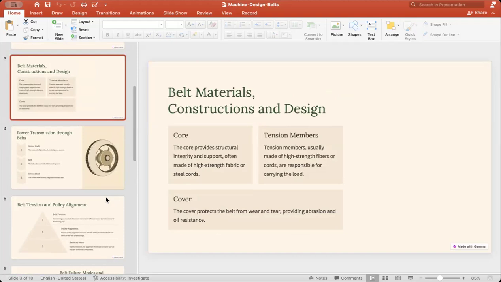So we have the classification of the V belts. We have VV drive, meaning both driving and driven pulleys are sheaves. We also have V flat drive, which means the driving pulley is a sheave while the driven pulley is a plain surface. We have different standard sizes for V belts: A, B, C, D, and E, depending on the thickness and the width.